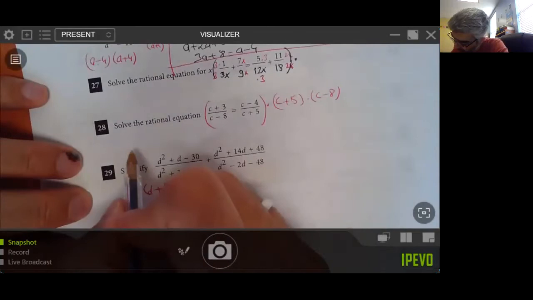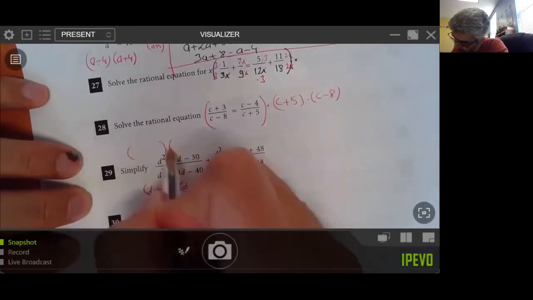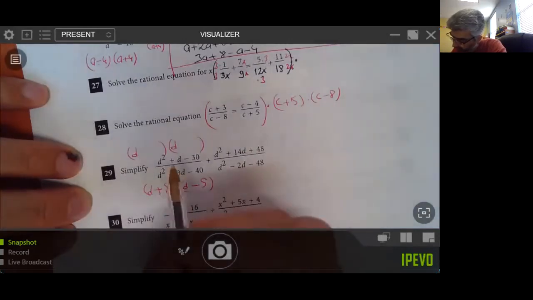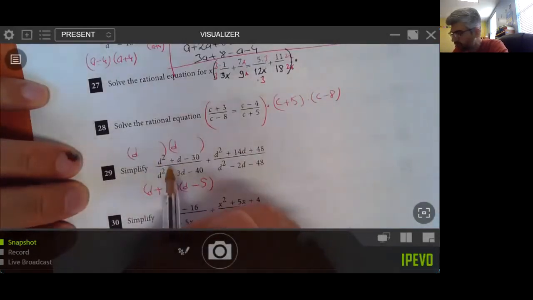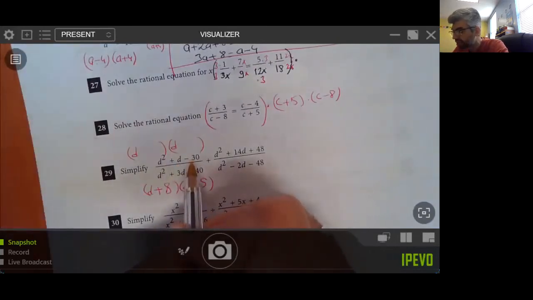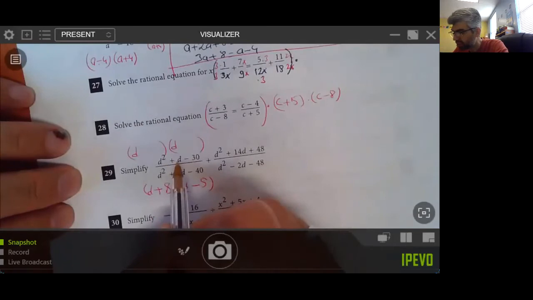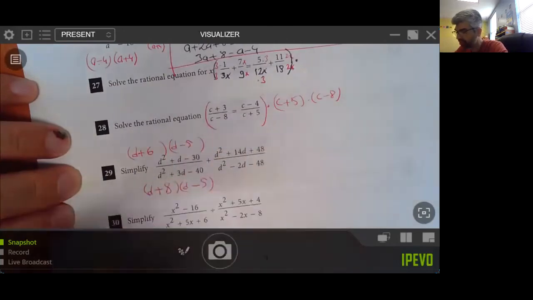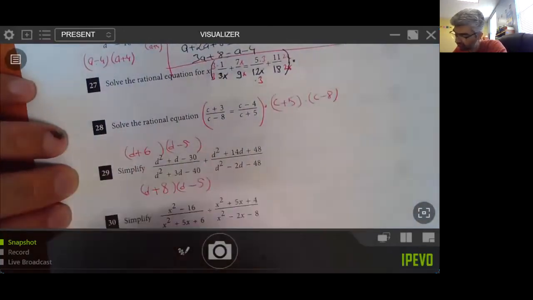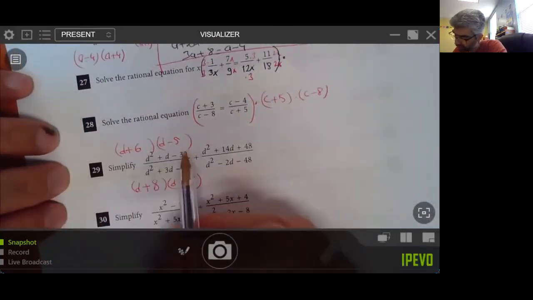And here we have d. Okay? And what do we have here? d squared plus d minus 30. Minus 30. 5 times 6, since the difference should be 1, and the bigger number is positive. d plus 6, d minus 5, negative 30 and 1.